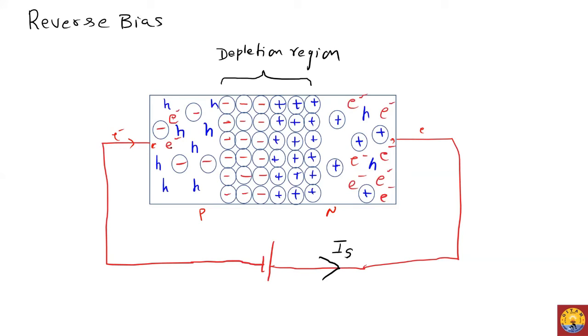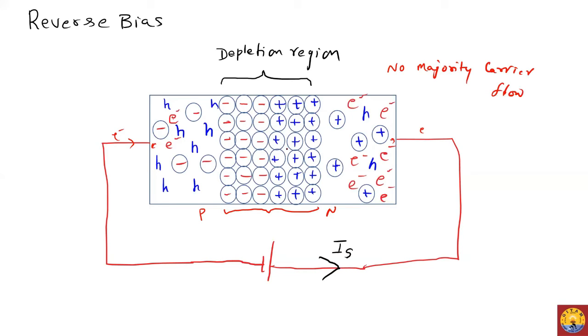So holes are moving in this direction and electrons in this direction. That results in the width of the depletion region being increased in the case of reverse bias. So there is no flow of majority carriers across the depletion region.